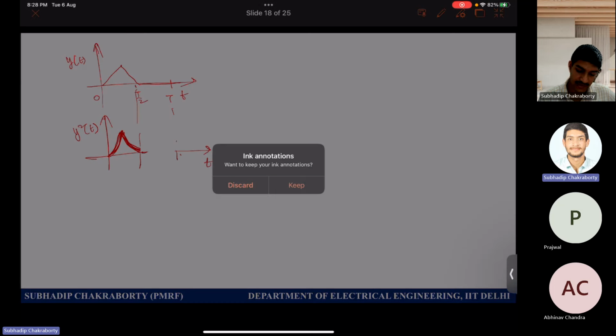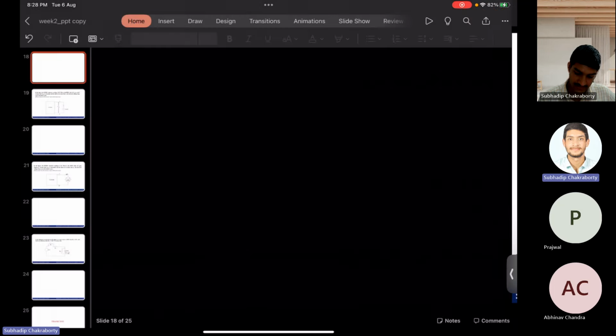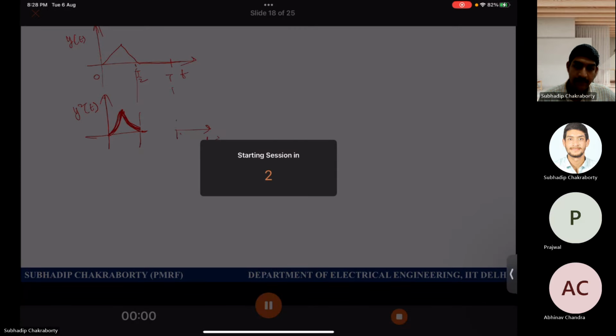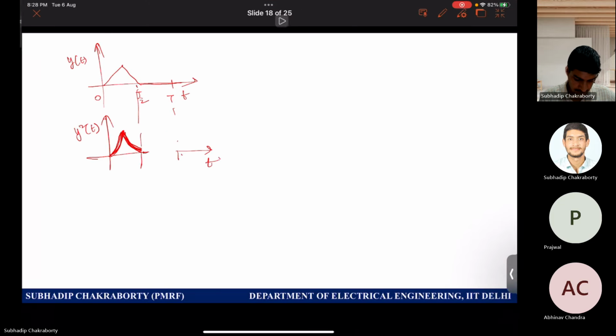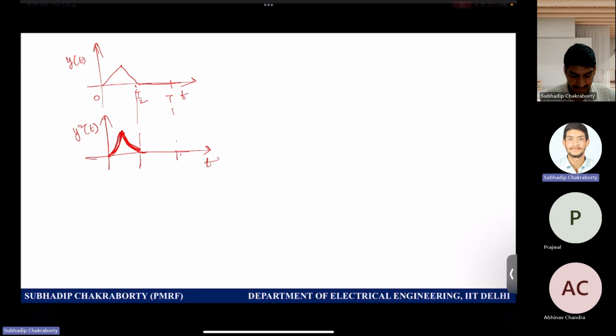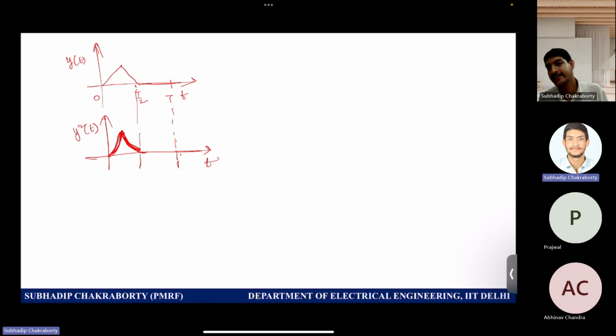But the analysis for half wave, if you understand, full wave area you know, so the area is easy, right? Calculating the area is easy.